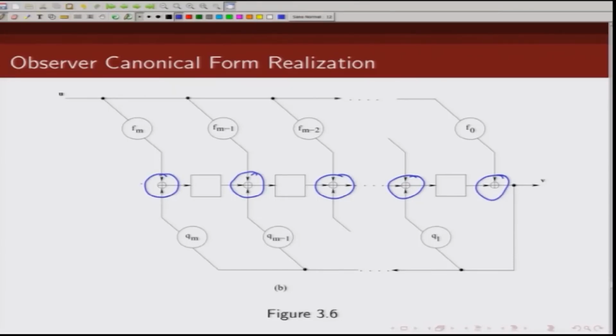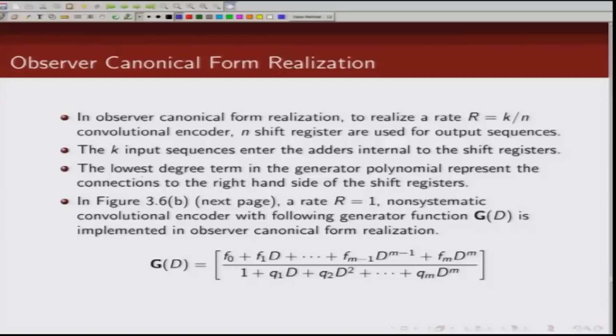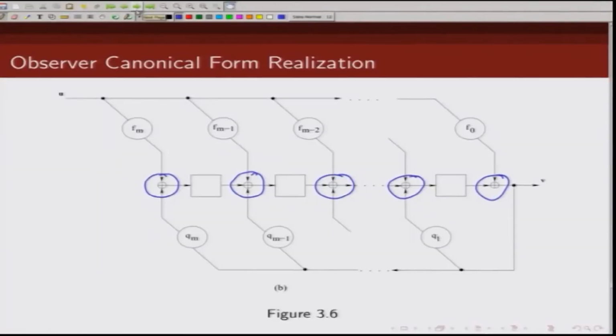Okay. And next thing that we said was the lowest degree term in the generator matrix represents the connection to the right hand side. You see here the inputs are directly coming to the adder. So this term corresponds to f0 u of d, this term corresponds to f1 d of u of d, whereas in the controller canonical form the leftmost term was f0 and the rightmost was fm.